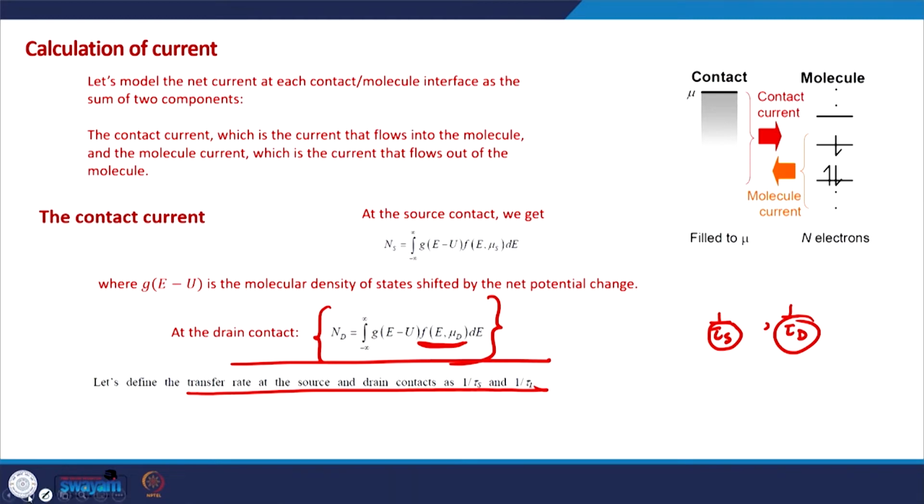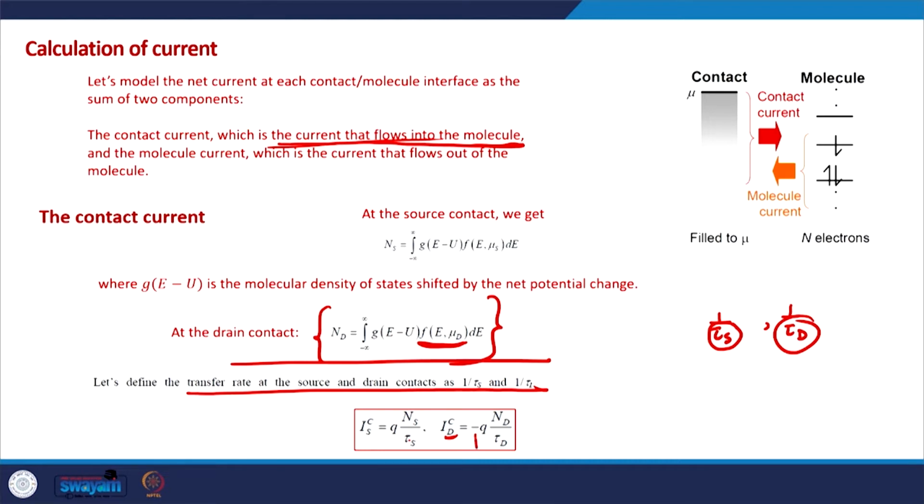So with this, the contact current, which is the current component because of the electrons in the contacts, is given as follows. The source contact current is Q times Ns divided by tau s, and the drain contact current is minus Q times Nd divided by tau d.